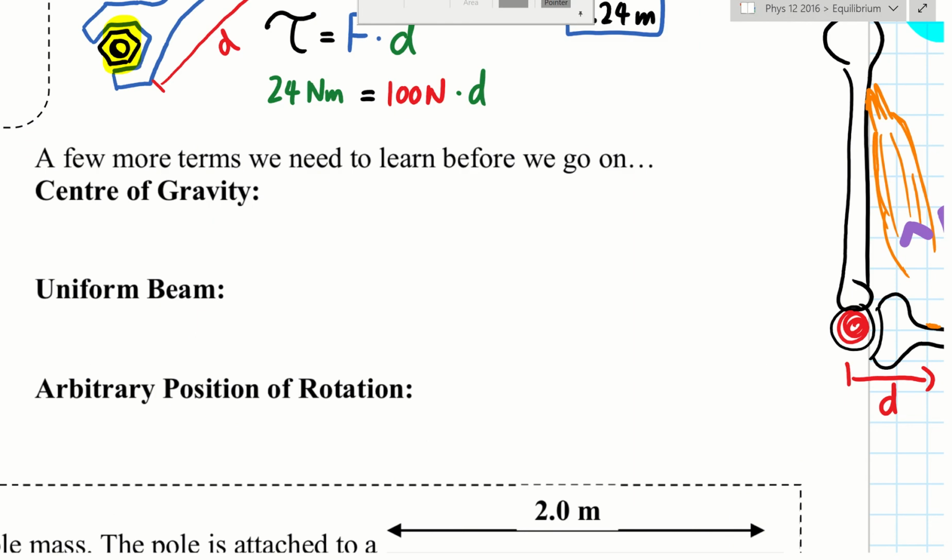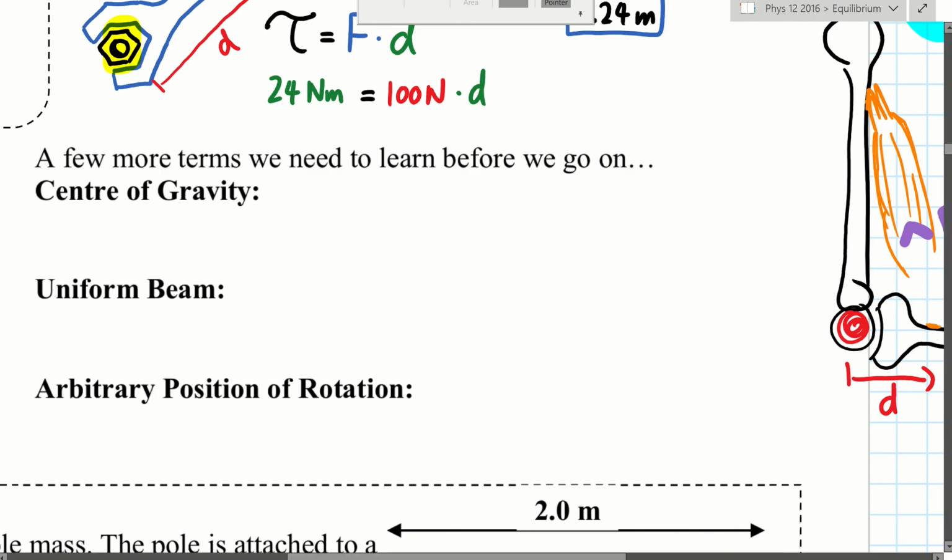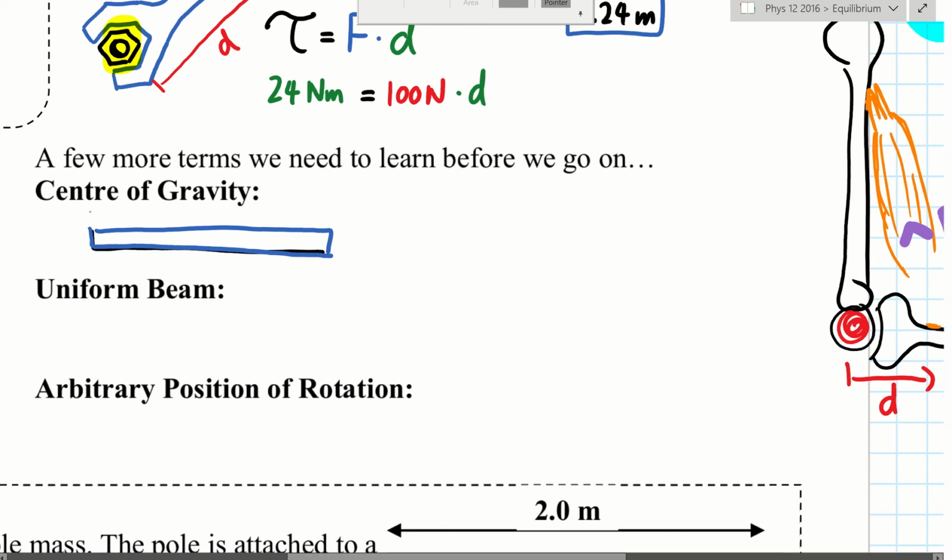So center of gravity is, for example, when we look at a beam or a piece of wood. Now the piece of wood is not weightless, right? We do have gravity. This is let's say a beam of wood. It can be a wood beam, plastic beam, doesn't really matter. Now, usually we will assume that the object has the center of gravity in the middle.